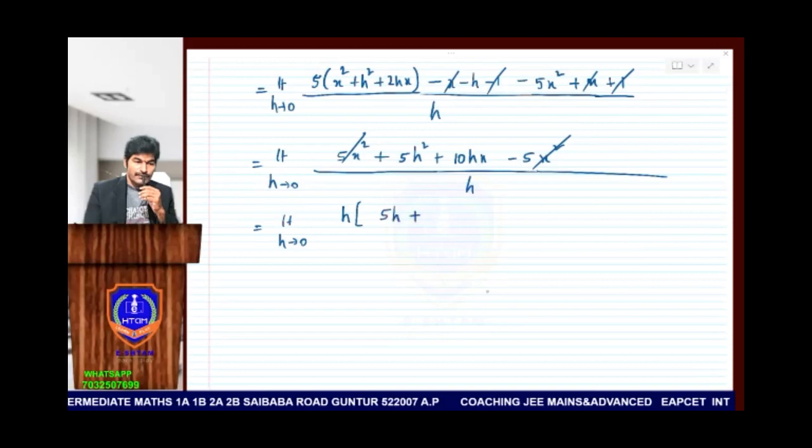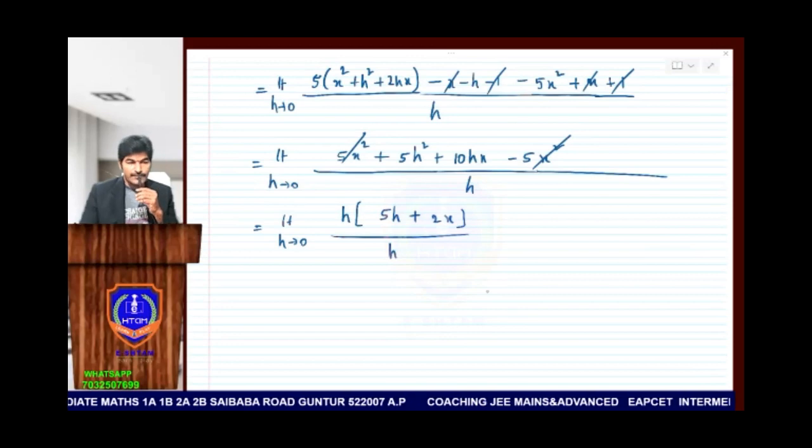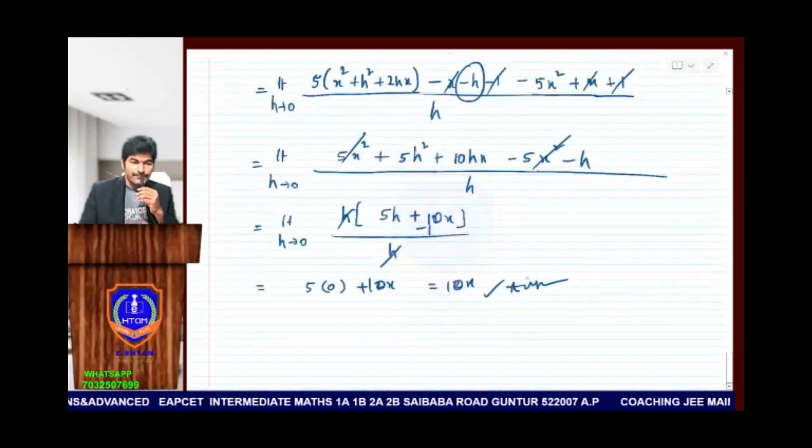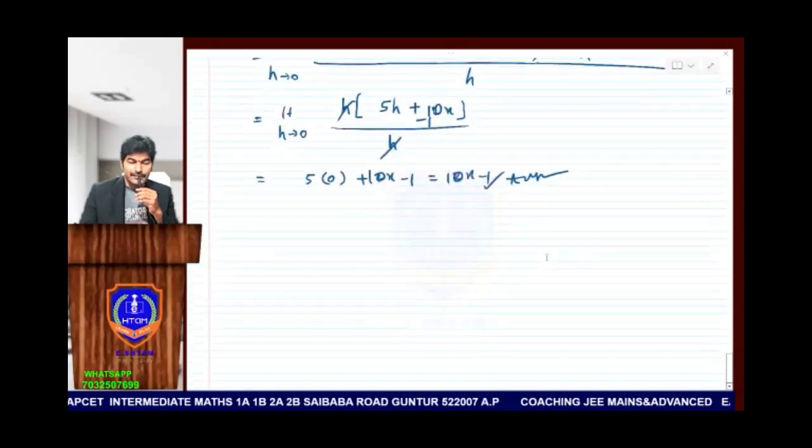Then h times 5h plus 10x divided by h. And h got cancelled. Now h will be 0. So 5 into 0 plus 10x minus h, minus 1. h was taken as common, so minus 1. 10x minus 1 is the answer. That's right. Understood? Next question.